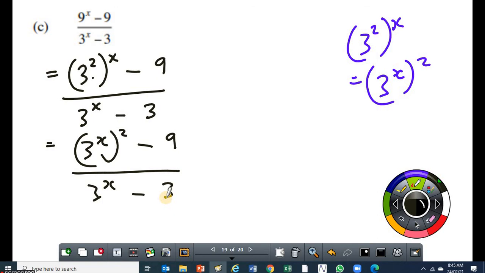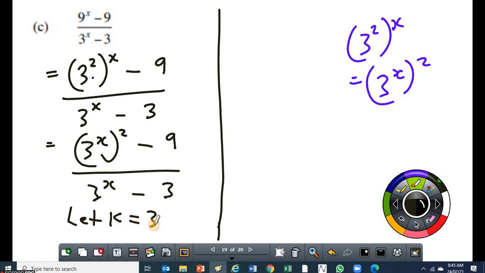So I'm going to introduce another letter and say, let k be equal to 3 to the power of x. I just want to take you back to grade 9 and grade 10.